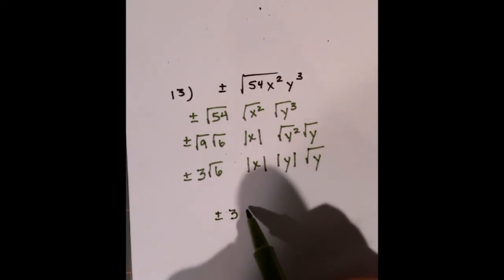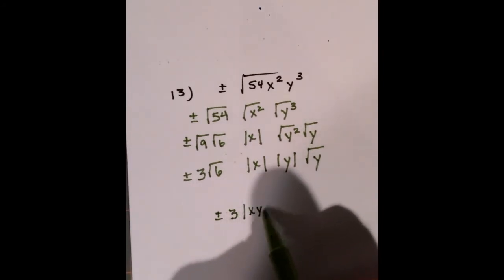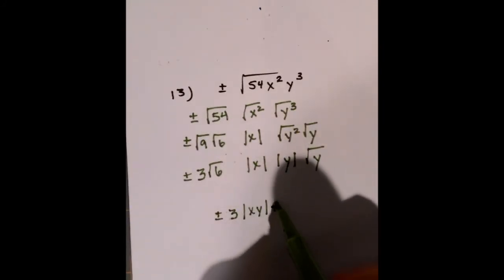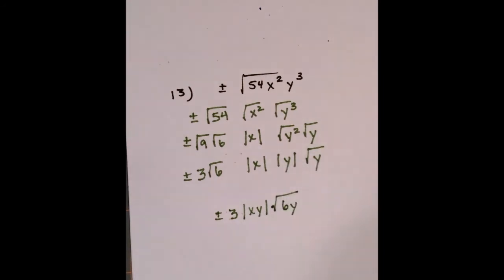3, x and y, and I put them outside, and I take all the things with square roots and I put them inside. So you could write your answer like this: plus or minus 3, absolute value of xy, root 6y, right?